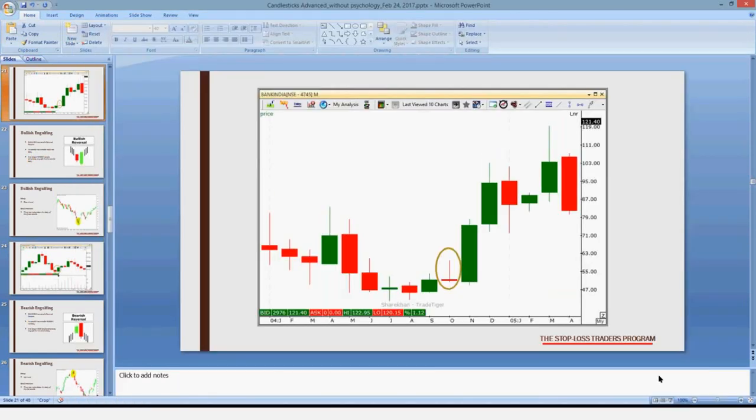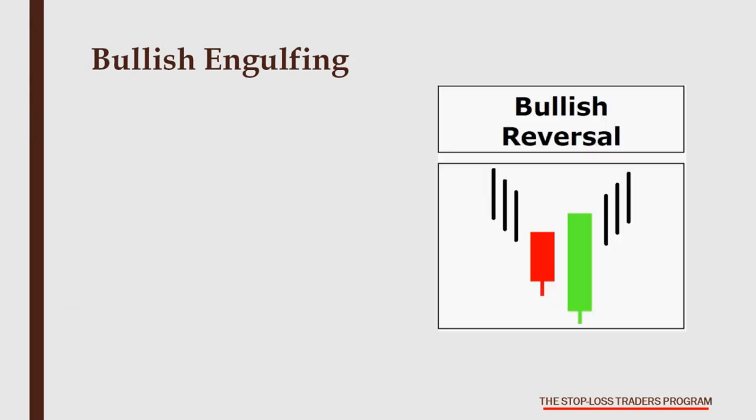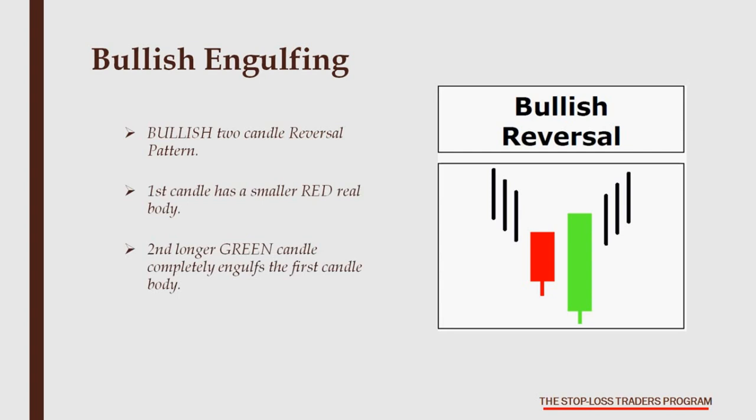So moving on to the next, bullish engulfing. This is one of my favorite patterns, friends, bullish engulfing and bearish engulfing. Bullish engulfing is a 2 candle reversal pattern, as depicted in this picture. The first candle is a small red candle with a red real body, and the second is a longer green candle which completely engulfs the first candle's body.